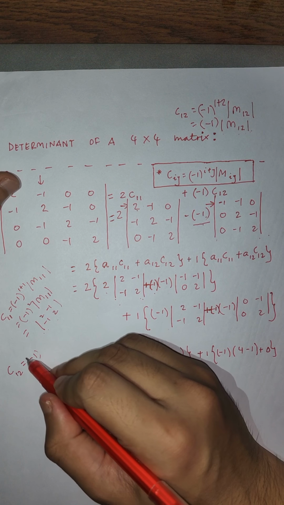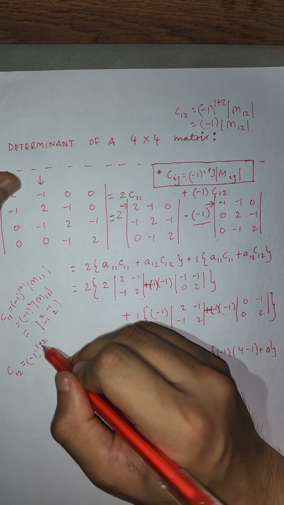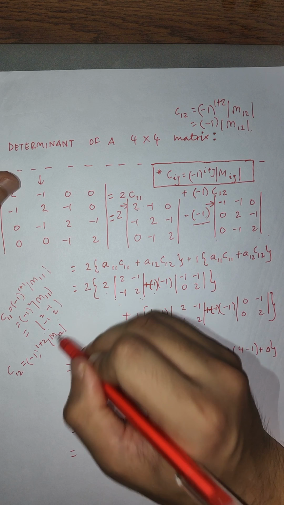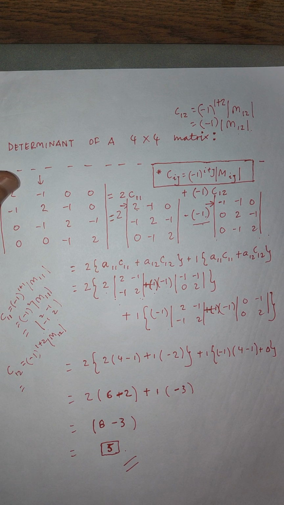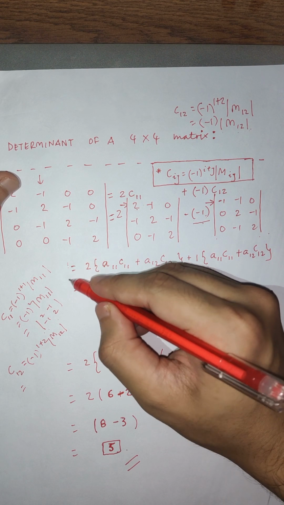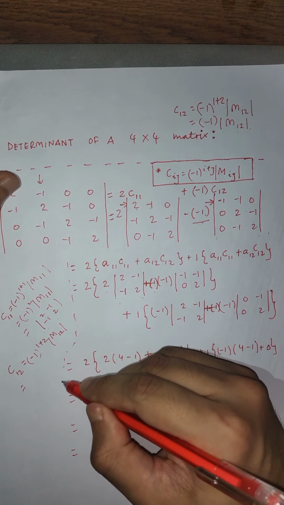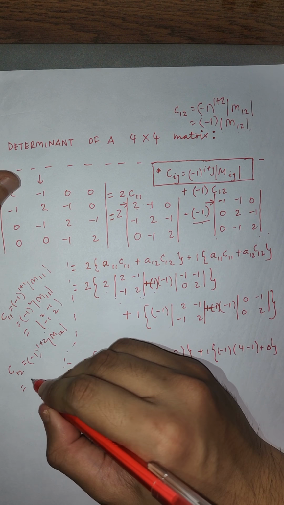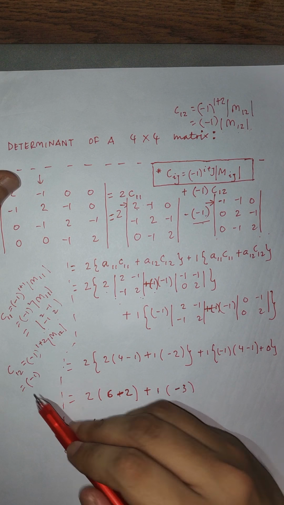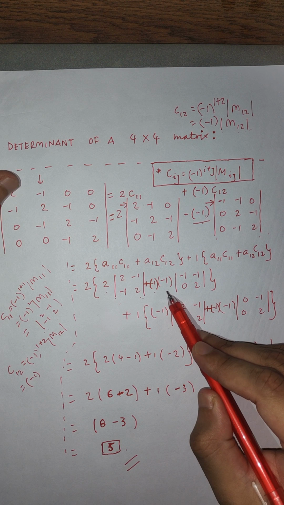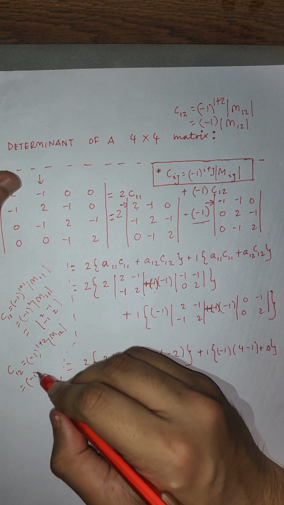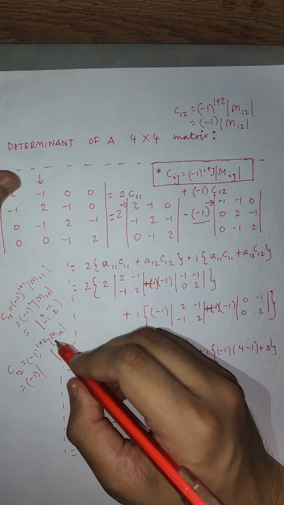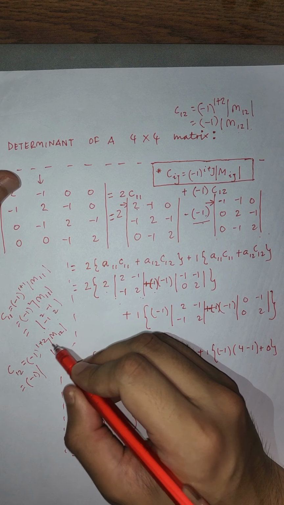So -1 to the 1 plus 2 times the determinant of submatrix 1 2. -1 to the 3 is -1, so that -1 shows up right here, and then the determinant of this submatrix.